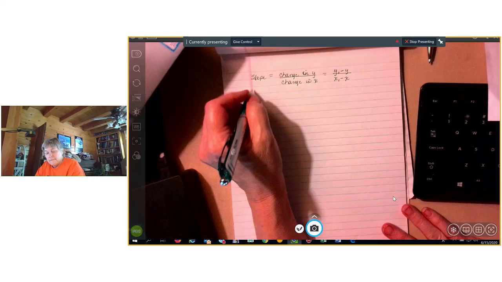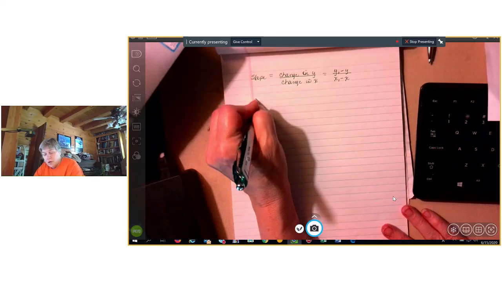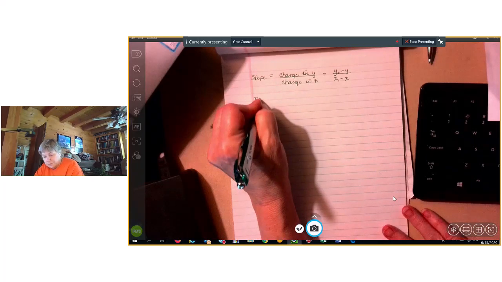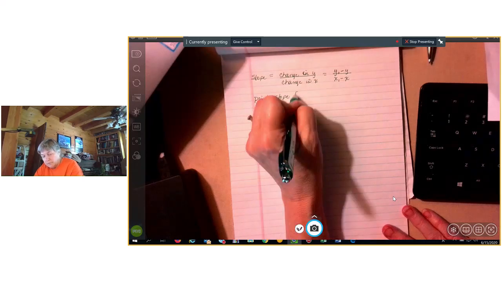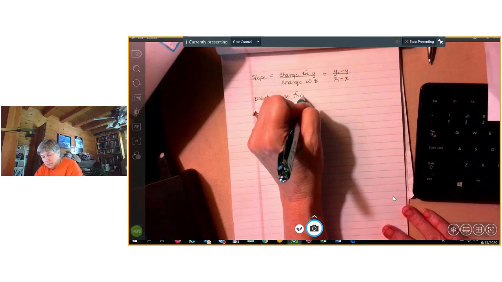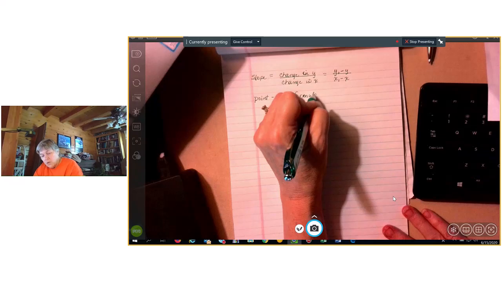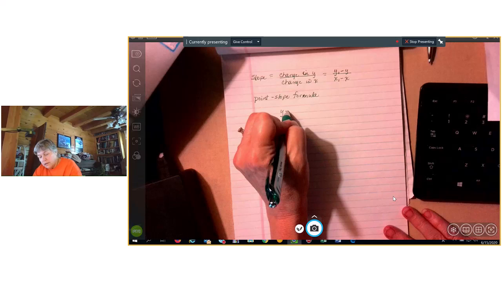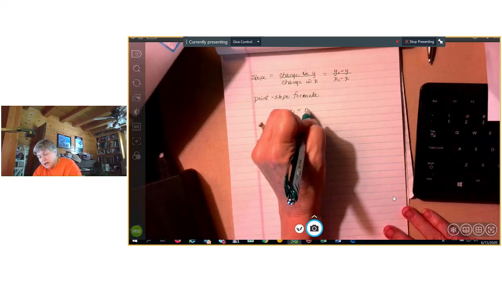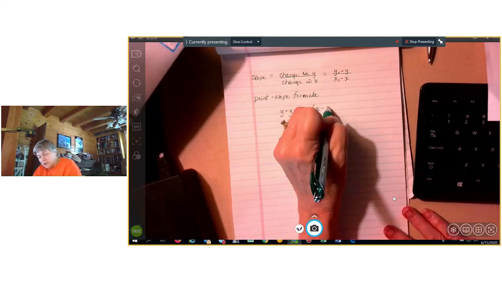Then you have the point slope formula, where it's going to be y minus y1 equals m times x minus x1.